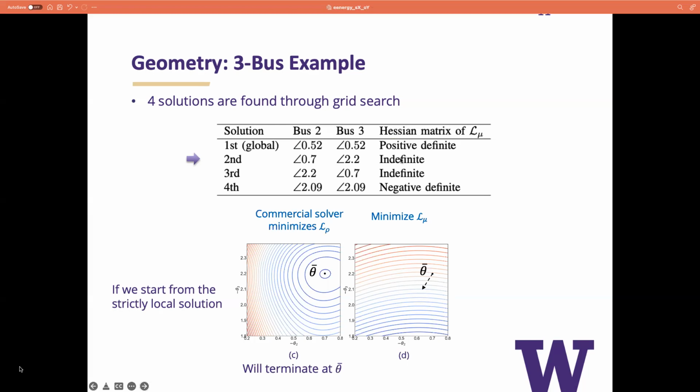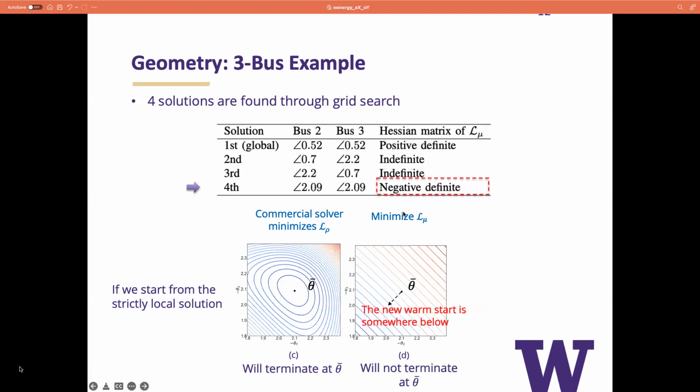Because the Hessian matrix of the partial Lagrangian is indefinite at the local solution, the minimization will not terminate at theta bar, because there's a descent direction. So the minimizer of the partial Lagrangian can be somewhere around here. It can't be this local solution. This gives us a chance to get around this local solution. Actually, in simulation, we found the proposed algorithm can always escape from this local solution.